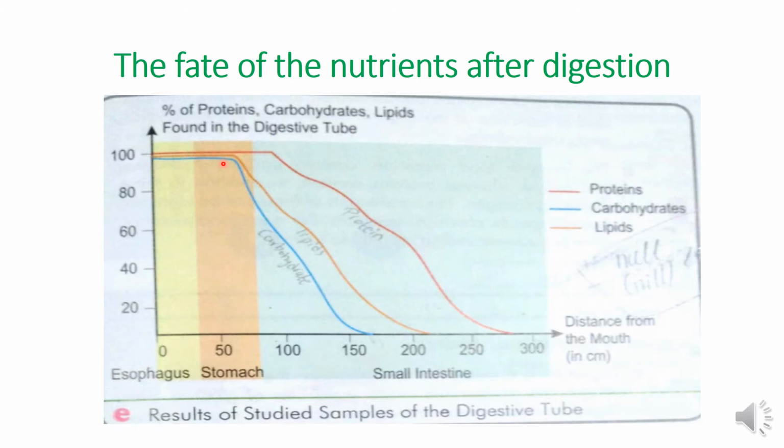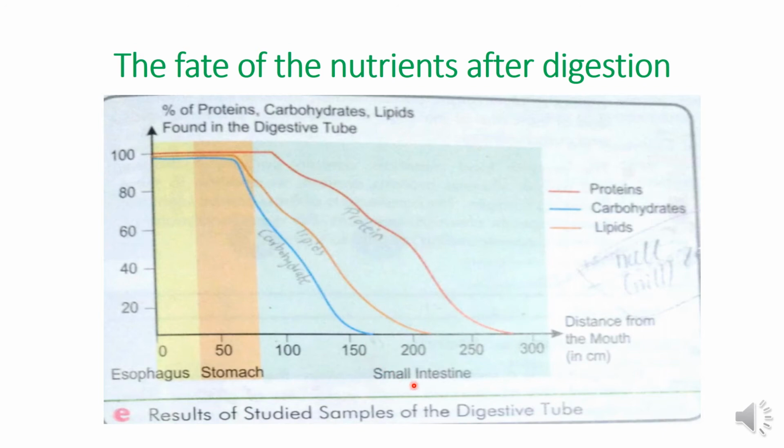starts to decrease in the small intestine until it becomes zero or null at a distance of 170 centimeters from the mouth for carbohydrates, at a distance of 220 centimeters from the mouth for lipids, and at a distance of 270 or 280 centimeters from the mouth for proteins.